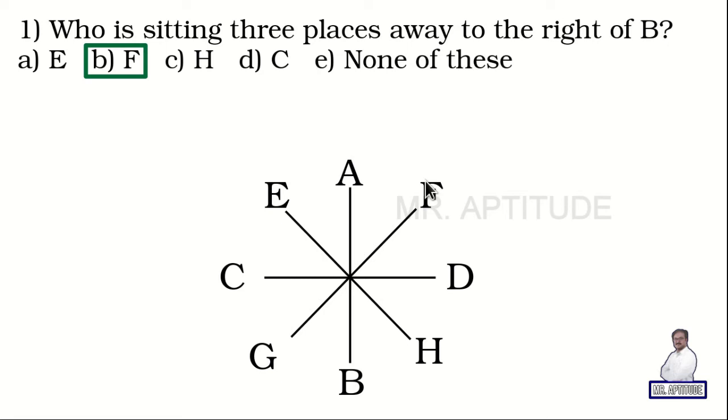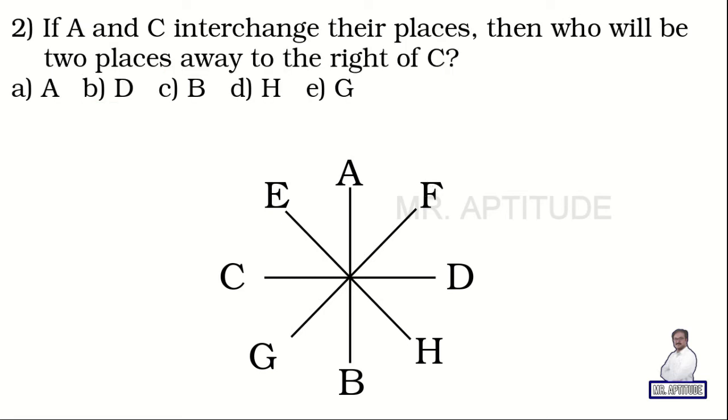Now let us look at the second question. If A and C interchange their places, then who will be 2 places away to the right of C? Interchange their places means that as this is A, C should occupy this place. As this is C, now A should occupy this place. So this person will be C and it's A now.